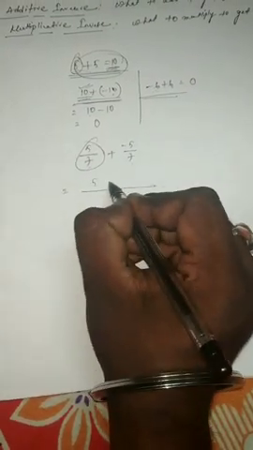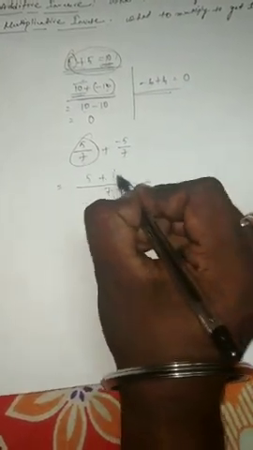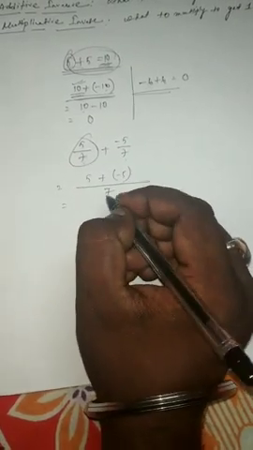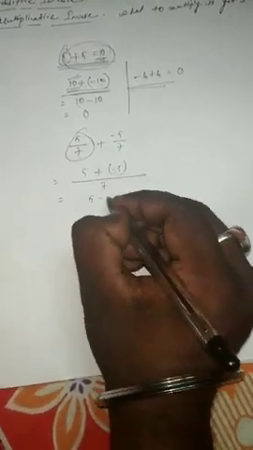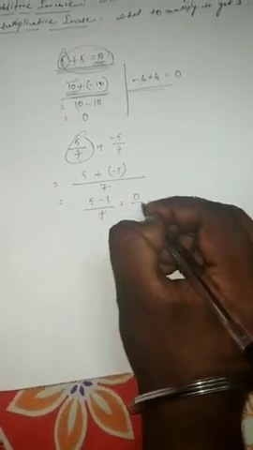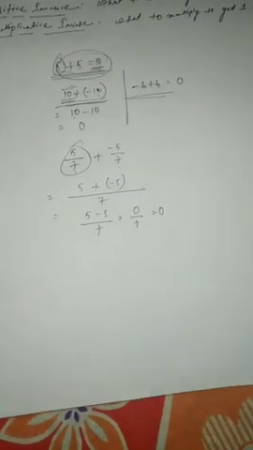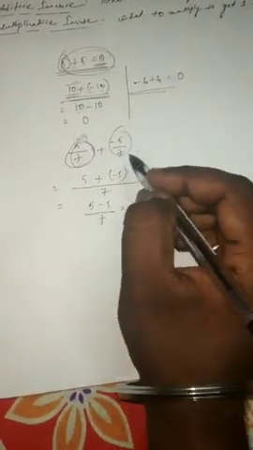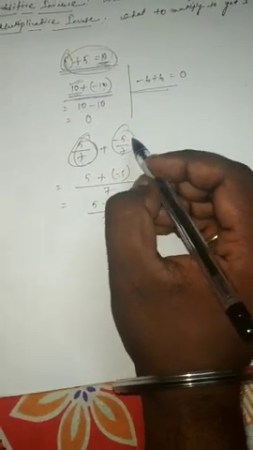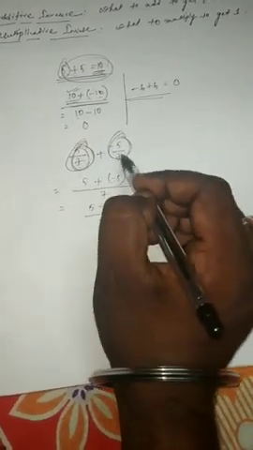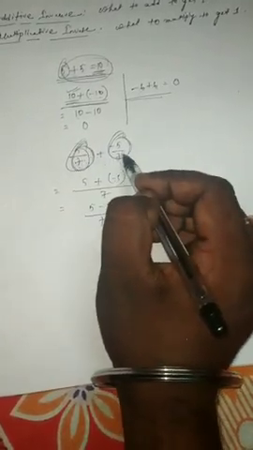So 5 plus minus 5 by 7, that is 5 minus 5 is 0 by 7, resulting in 0. So the additive inverse of plus 5 by 7 is minus 5 by 7, and the additive inverse of minus 5 by 7 is plus 5 by 7. They are vice versa, meaning both numbers are additive inverses of each other.